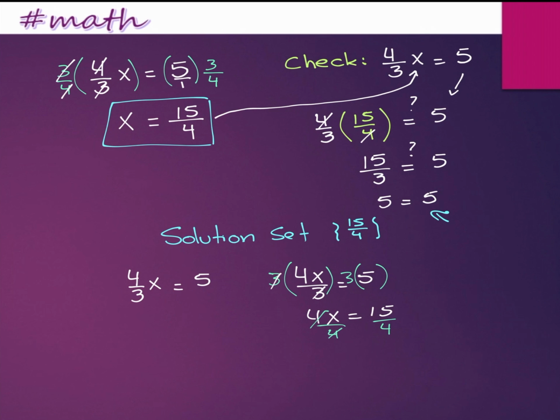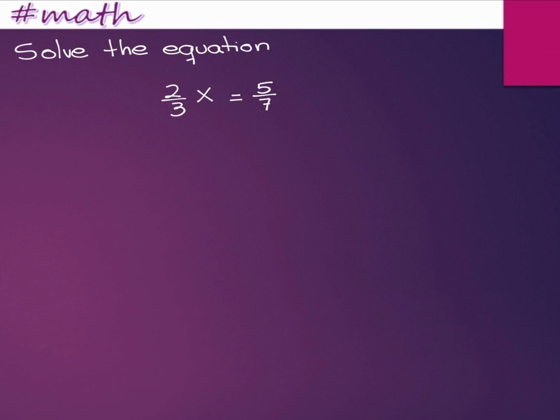That's fine, no problem. X equals 15/4. You can do it, but I still think that multiplying by the reciprocal is more efficient. So try to do this example by yourselves. Pause the video and try to solve it by yourself.